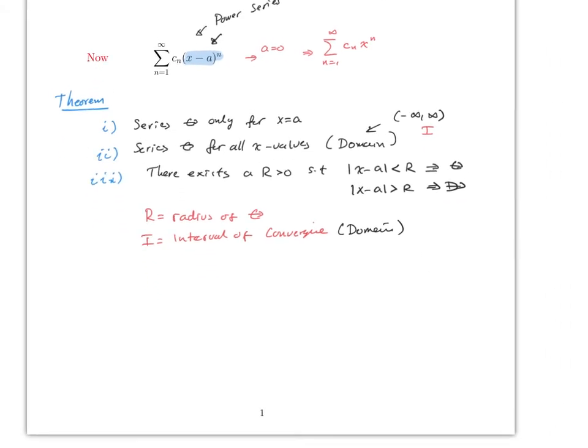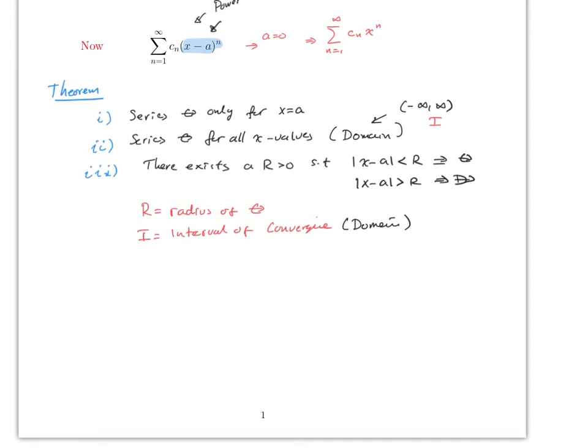The reason it's called radius and interval of convergence is this: if |x minus a| is less than r, this is the same thing as minus r less than x minus a less than r. That's from algebra. So a minus r is less than x, and x is less than a plus r.